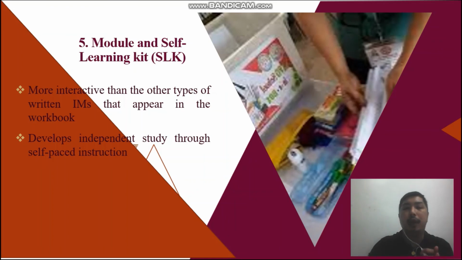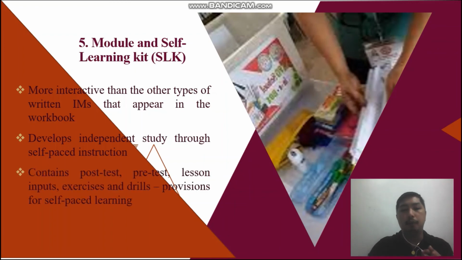Did they get it right, or did they commit mistakes, so that they would know whether they would have to study more. It contains post-test, pre-test, lesson inputs, exercises and drills, provisions for self-paced learning. So again, it's a provision for self-paced learning on their own. So there are already pre-tests and post-tests included.